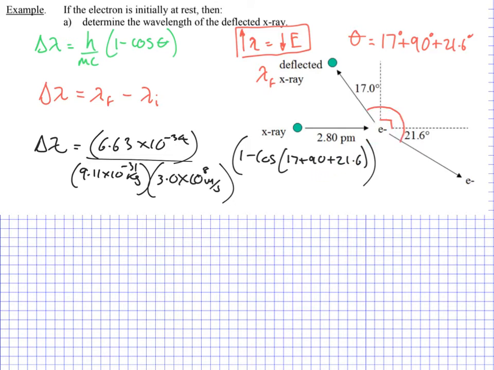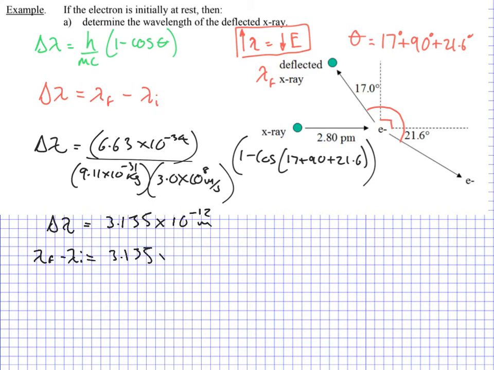That's going to give me a delta wavelength of 3.135 times 10 to the negative 12 meters, and remember that is equal to lambda final minus lambda initial.